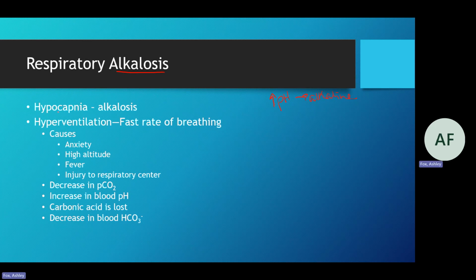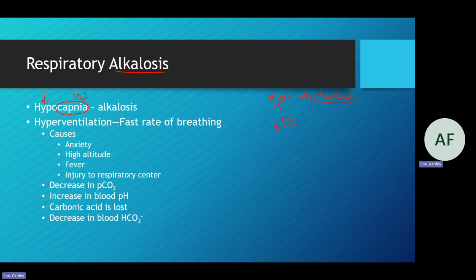This is looking at hypocapnia. Again, capnia, CO2, hypo, low. So a high pH is because of a low CO2, less carbonic acid. You're not having as much carbon dioxide in your body and your pH goes up and becomes alkaline.